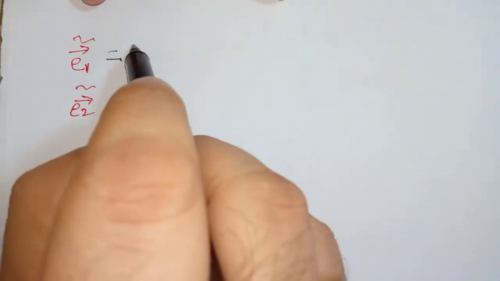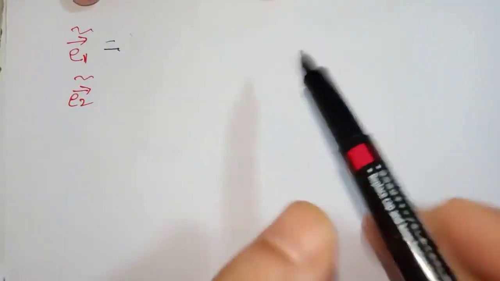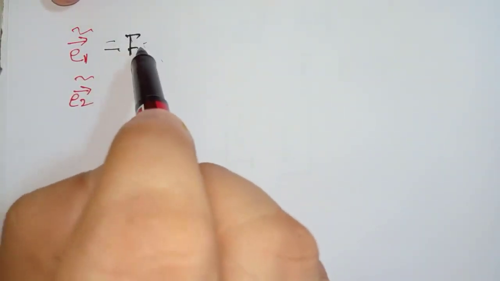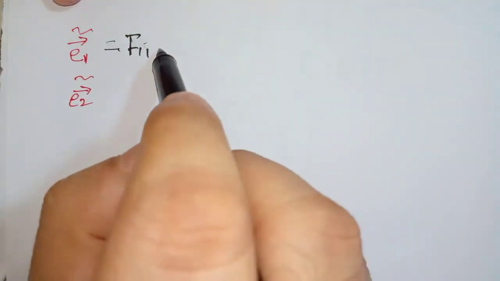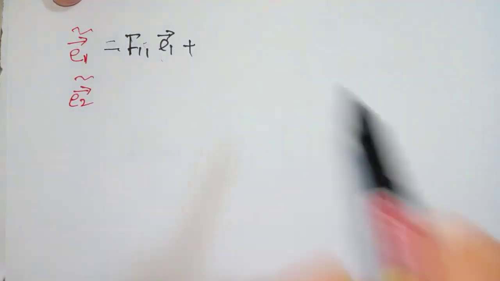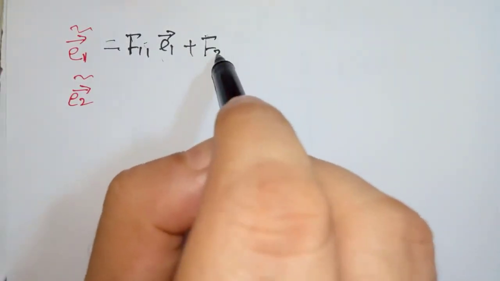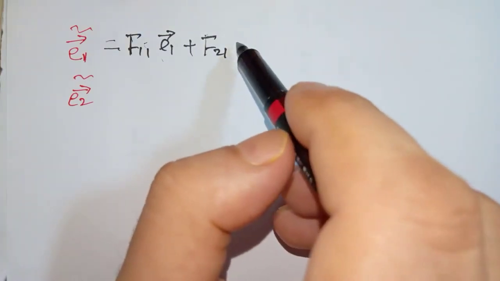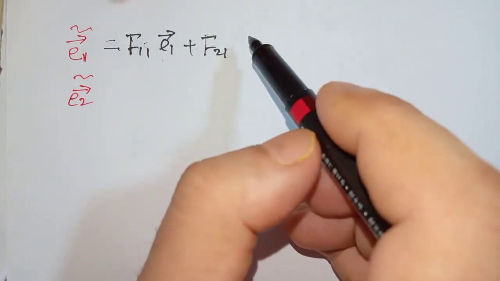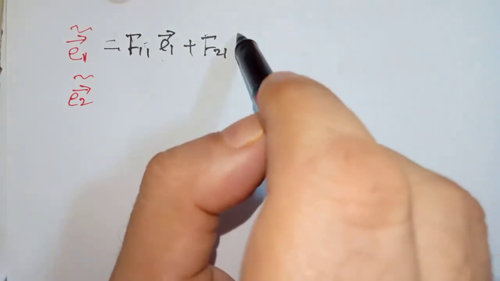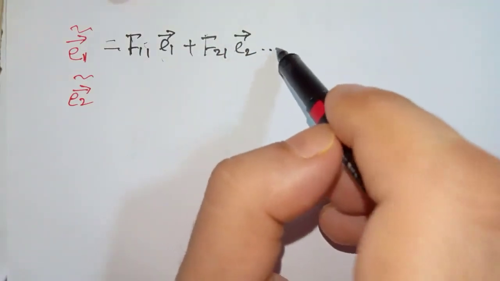So for E1, first of all, for the forward transformation, E1 being the first, what we are going to write is something like this. We put it as F11 E1, that is the blue one, plus F21, that is the second part, E2 with an arrow, and this would go dot dot dot.